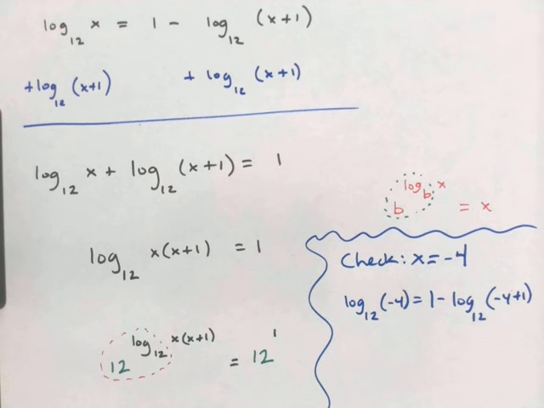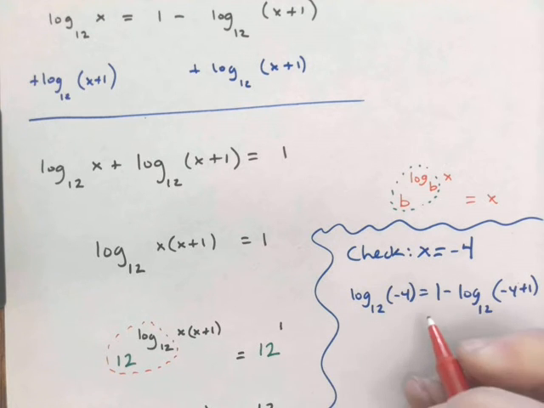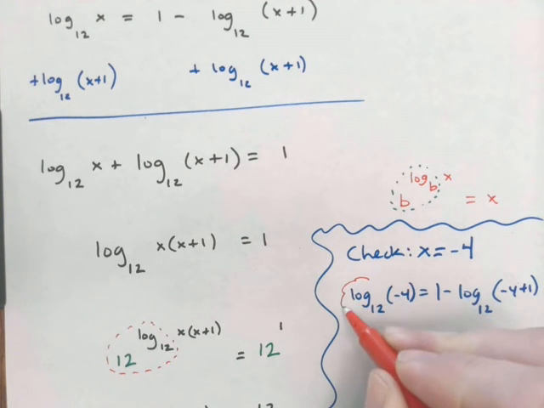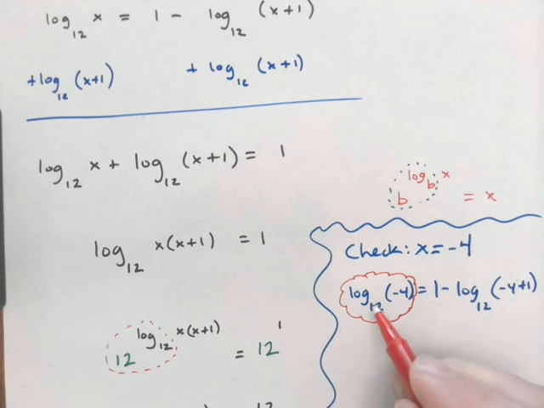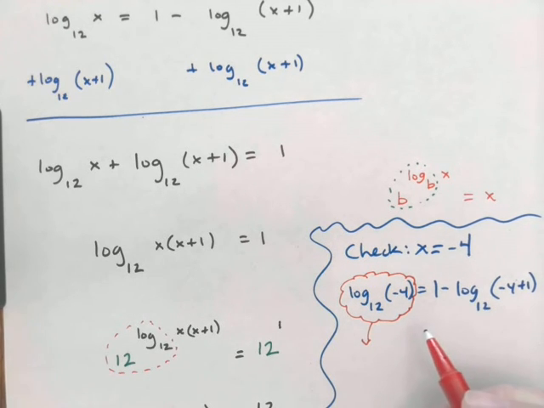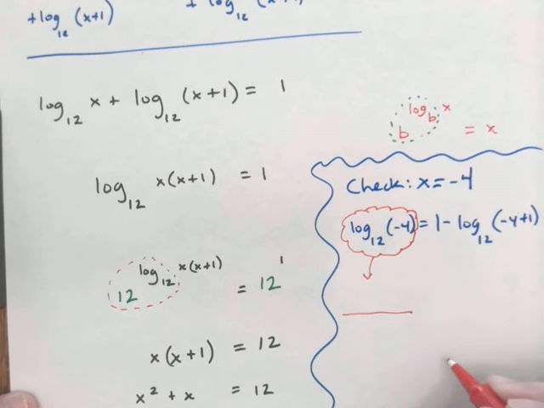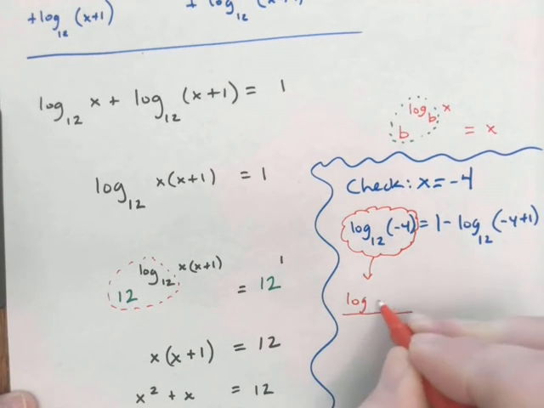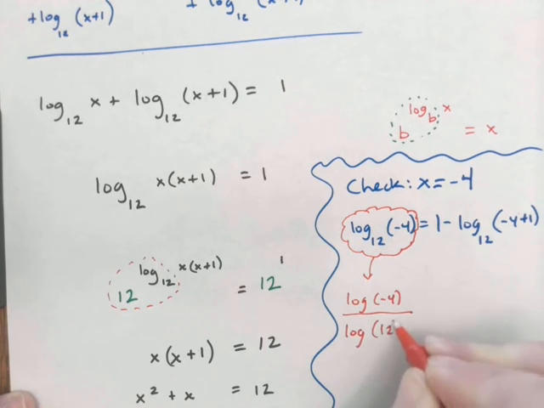But if you were going to do this on your calculator, you would either type in log base 12 of -4 if your calculator allows you to change the base, and you can type that in directly. Otherwise, if I don't have a way of typing this in as log base 12, I need to use the change of base formula, which would give me log of -4 and log of 12 on the top and the bottom.